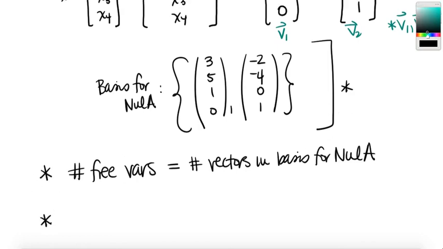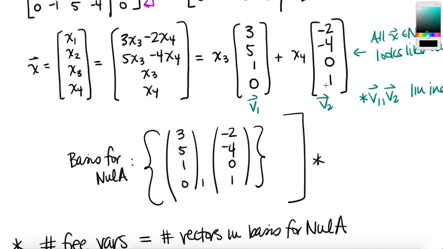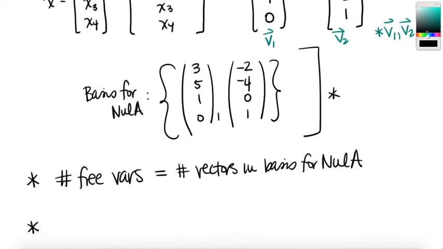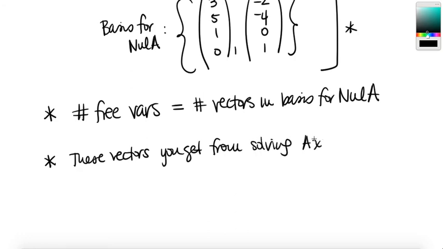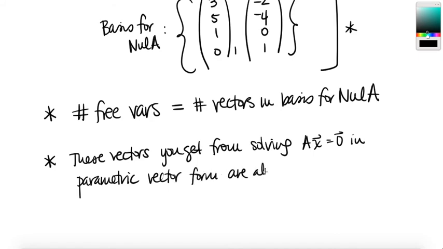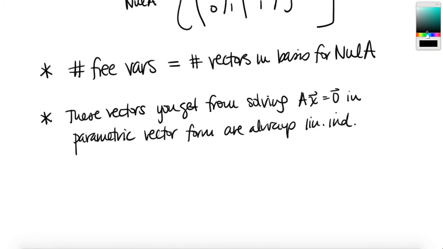Another thing is that these 2 vectors that we got out from parametric vector form were linearly independent, and that is always going to happen. So the vectors you get from solving AX equals 0 in parametric vector form are always linearly independent, which basically means this is always how you get a basis.